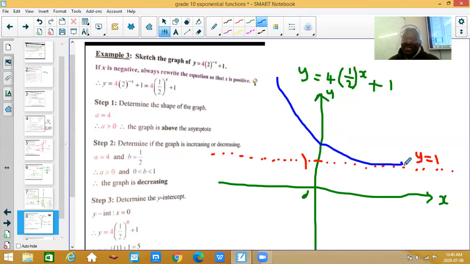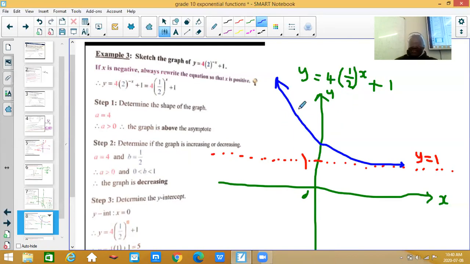It must never touch this line. It draws nearer and nearer. And this part, it goes up like that. Are you getting it? With this one, you have known that it is above. Now, this one, it will curve this way. Is it increasing or decreasing? Decreasing. Minus over positive is decreasing, right?